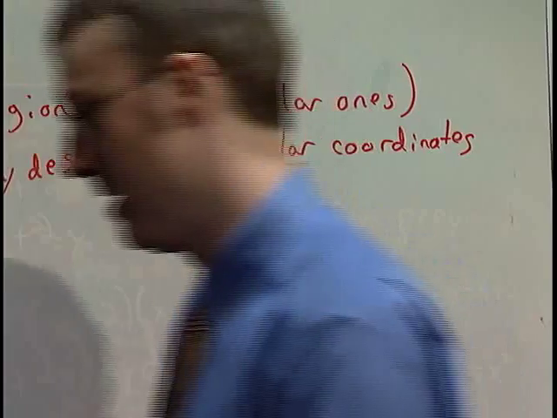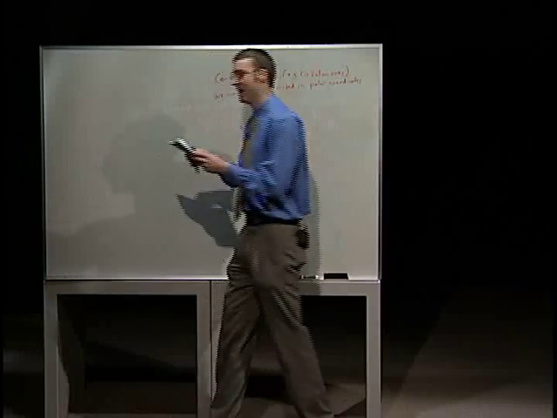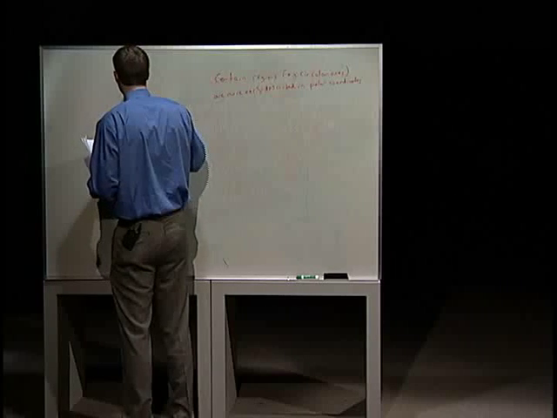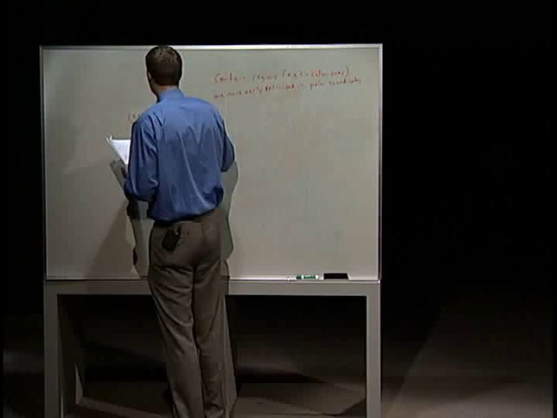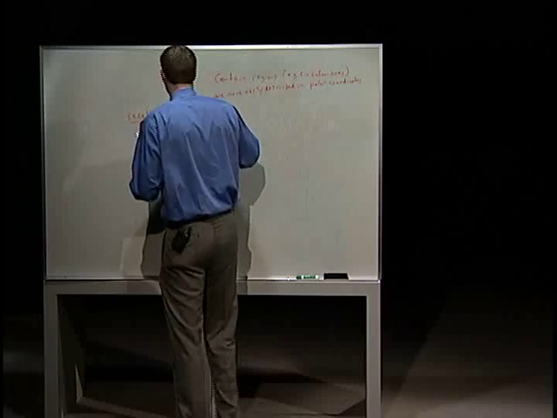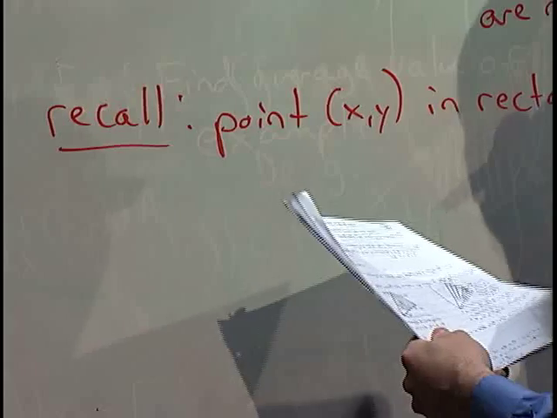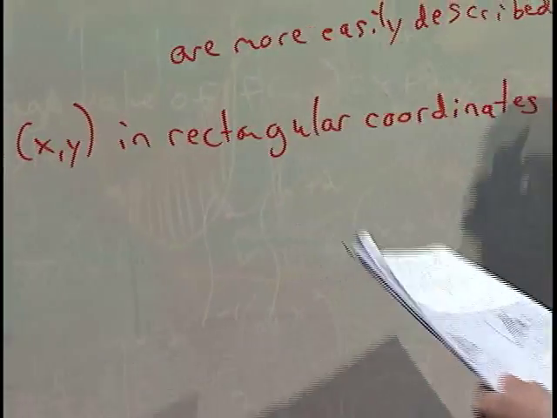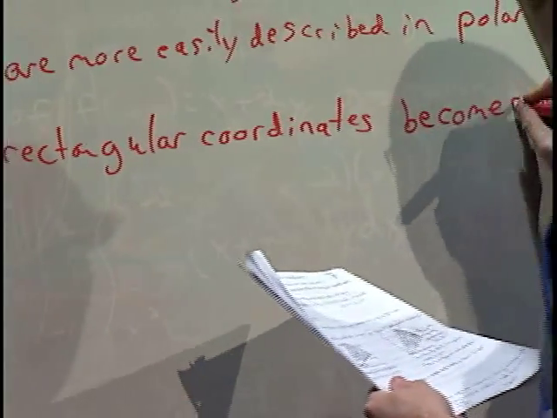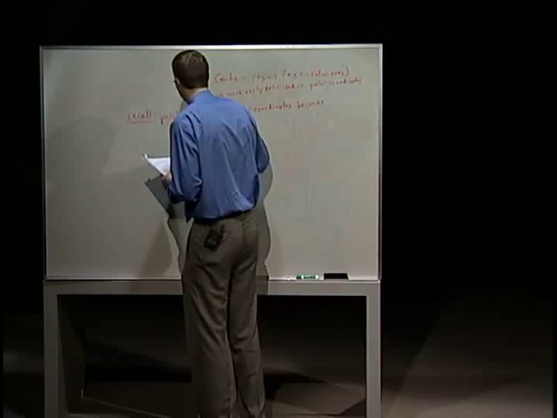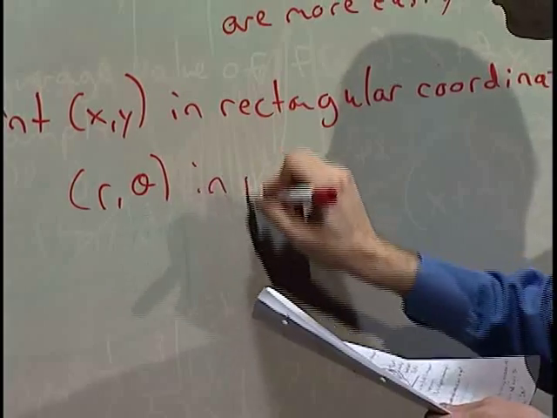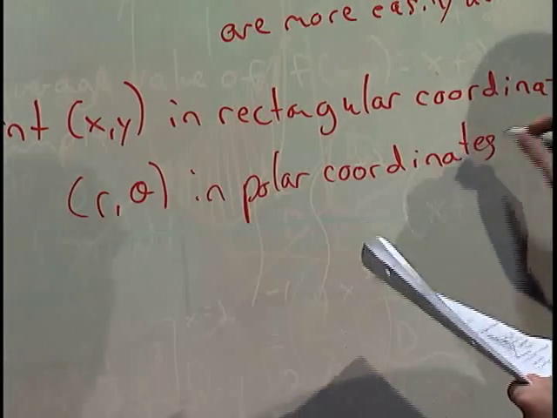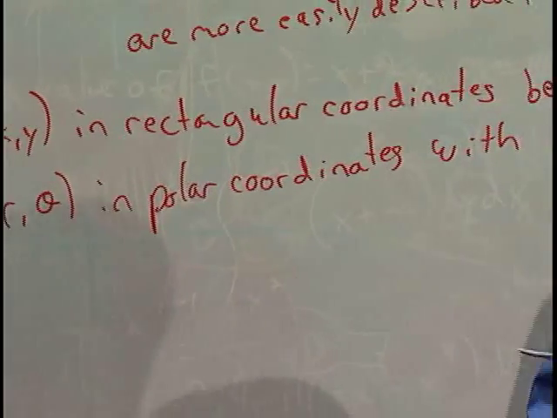Okay, so there is a minor tweak, though, and it bears out some theoretical understanding of what's going on. So first things first, let's recall what a polar coordinate is. You have a point x y in rectangular coordinates, and it becomes a point r theta in polar coordinates, with the following relationships holding true.